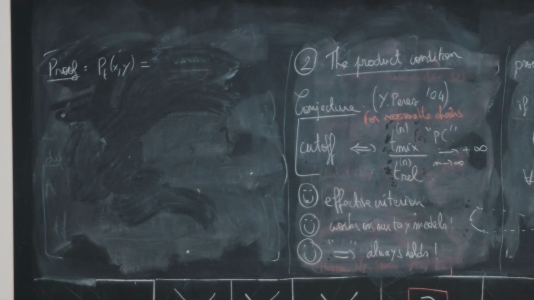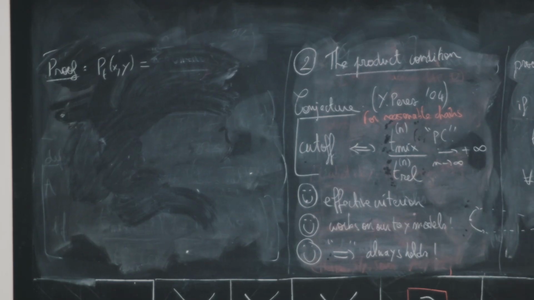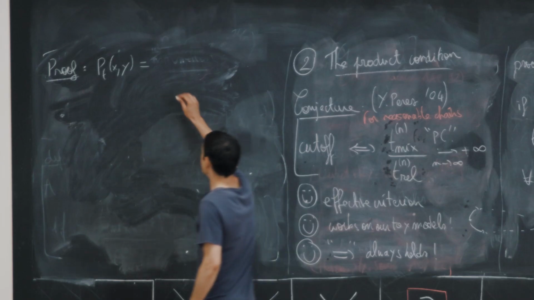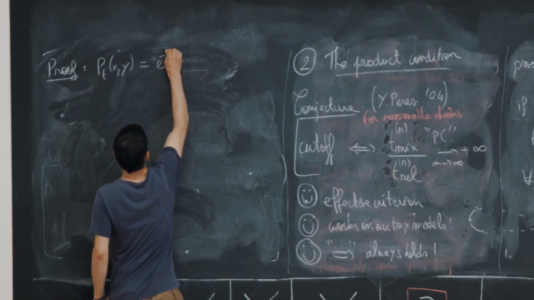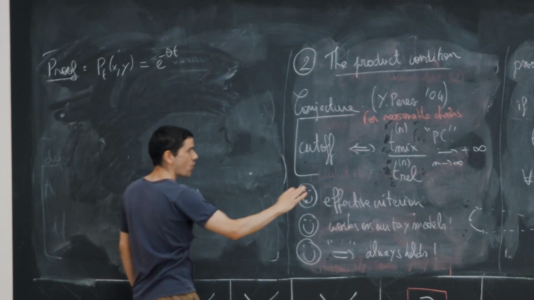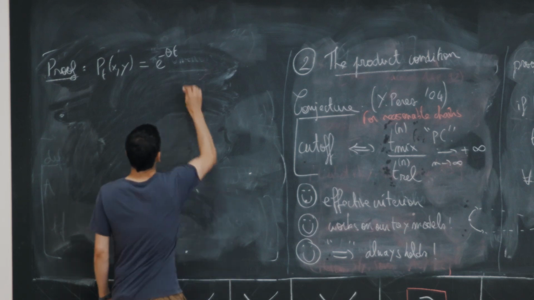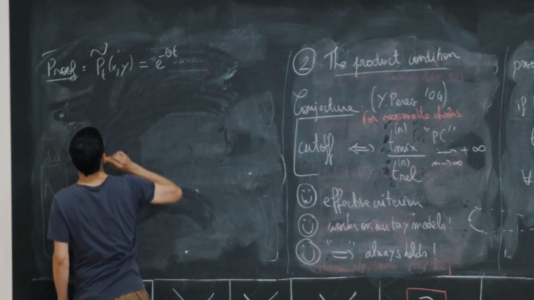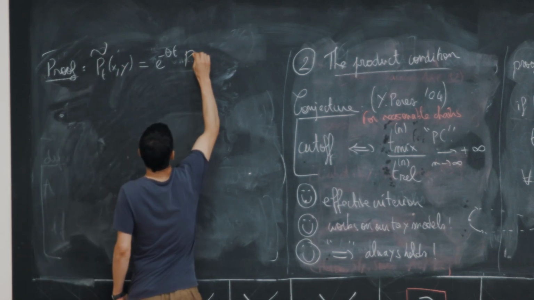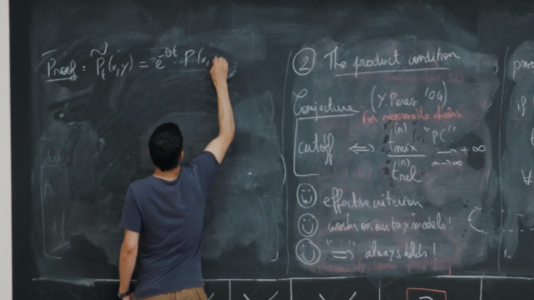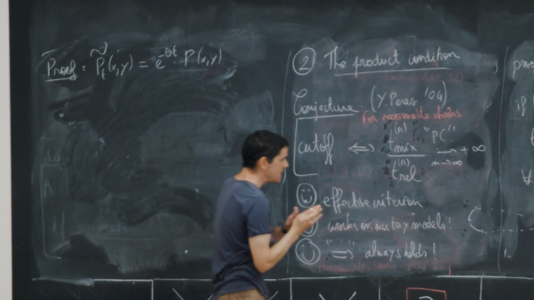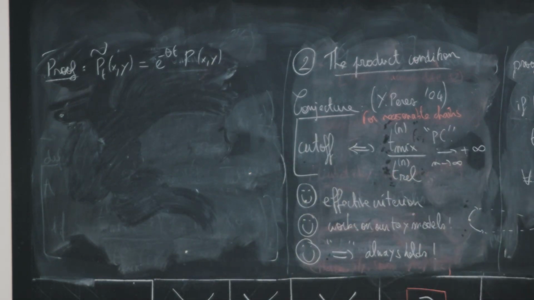If you were not, if this clock here never rung, and this happened with probability exponential of minus theta t, then it's just your original process. So this is the modified one, and this is just the original one, except that you are looking at a slightly slower scale, because now this clock rings at rate 1 minus theta instead of 1.